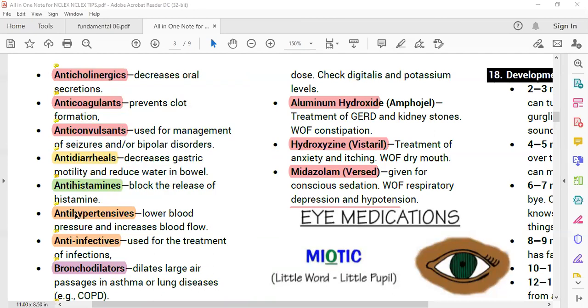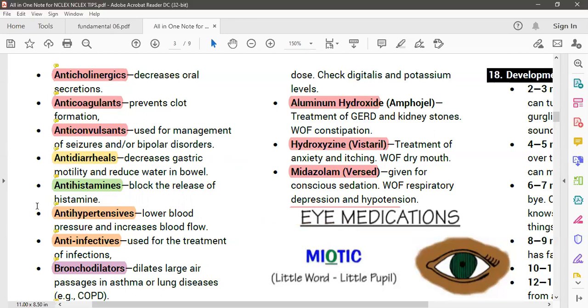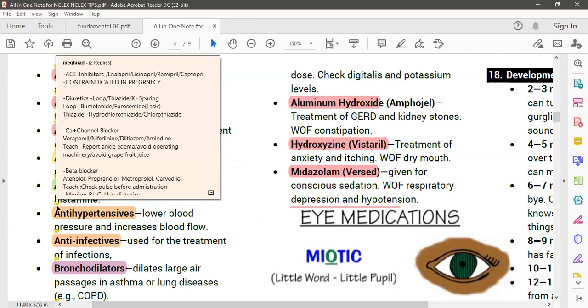The antihypertensive medications we use include angiotensin converting enzyme inhibitors, diuretics, calcium channel blockers, beta blockers, vasodilators, or alpha agonists, alpha 2 receptor blockers.